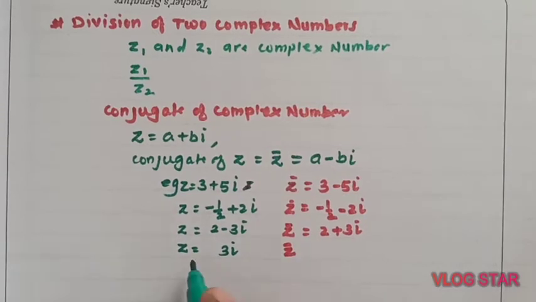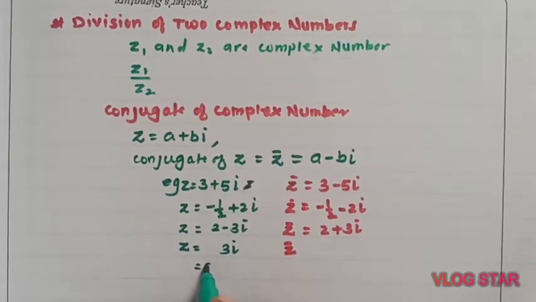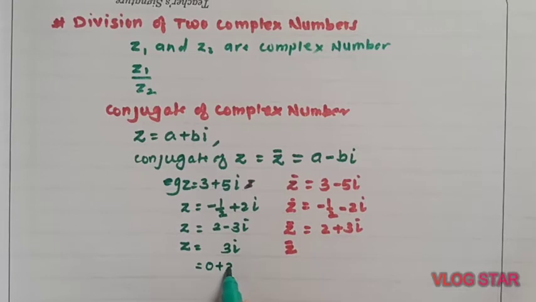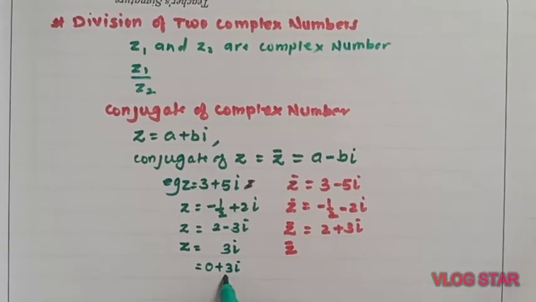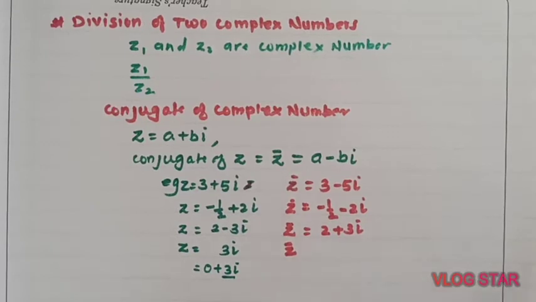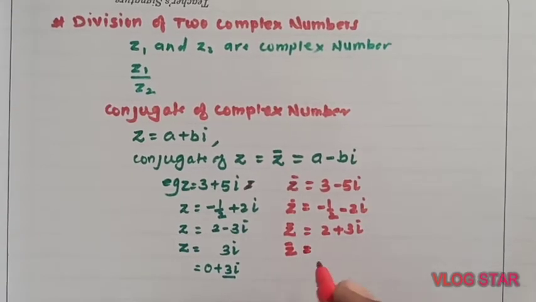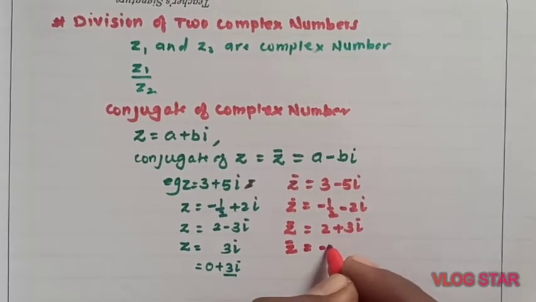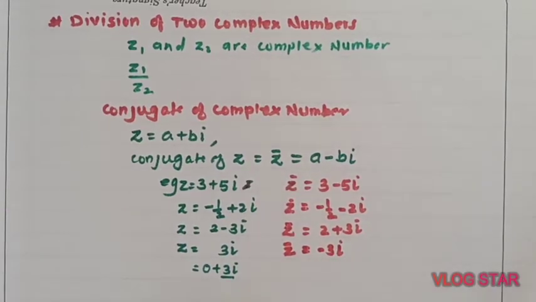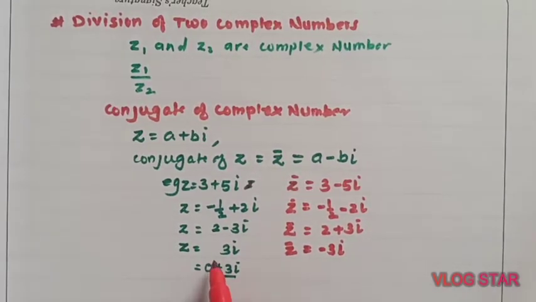First of all, express it in proper format. The real part is absent, so I can take the real part as 0 plus 3i. Now change the sign, no need to copy 0. Your answer is only negative 3i.